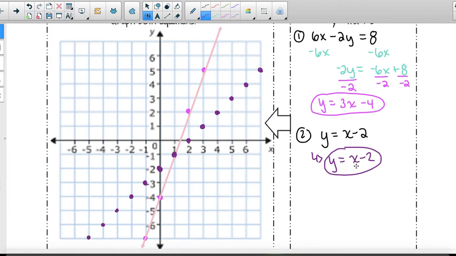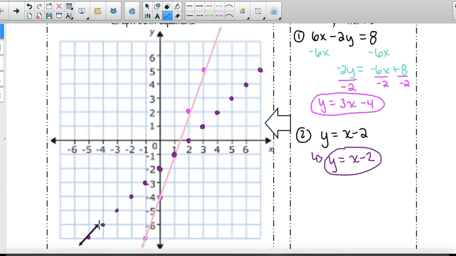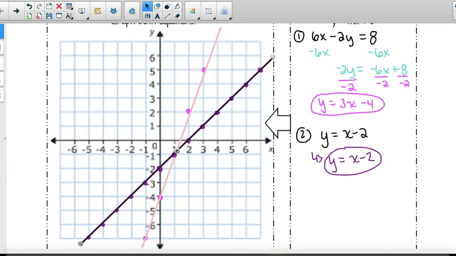And since this is an equation, we know that the line should be solid. I'll connect these again. It's not the exact same color, but close enough. And doing this on paper, I would probably have a ruler, so I would have a straight edge, so I could easily connect the dots.